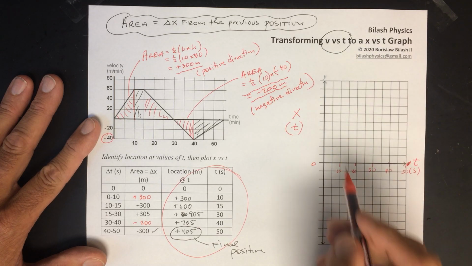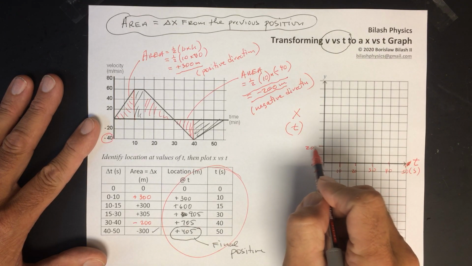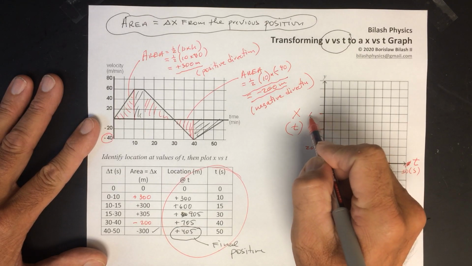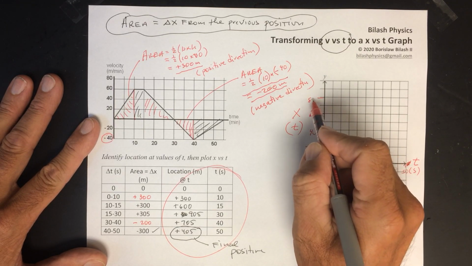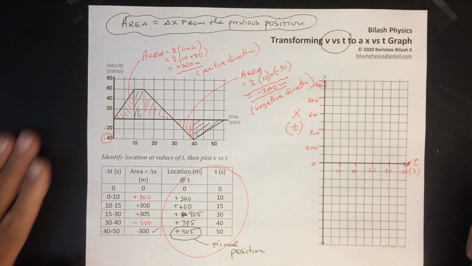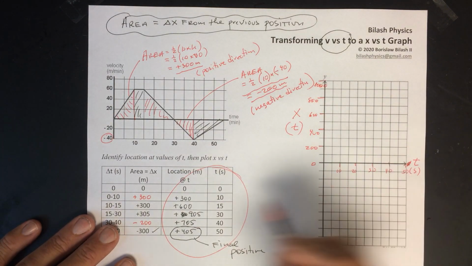And on the y-axis, I'm going to go up by 200, and this will be 1,000.